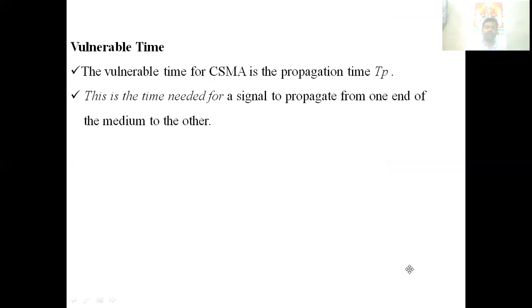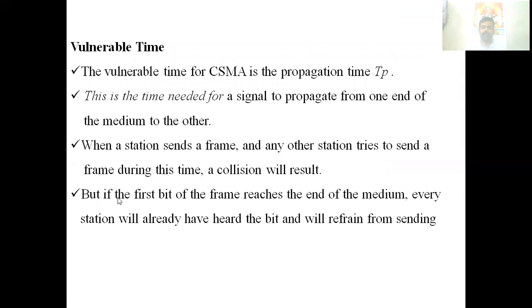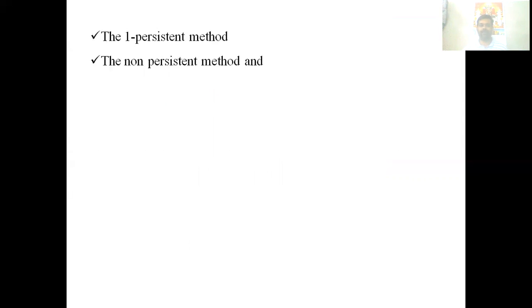This is the time needed for a signal to propagate from one end of the medium to the other. When a station sends a frame, if any other station tries to send during this time, a collision will happen. But if the first bit of the frame reaches the end of the medium, every station will already have heard the bit and will refrain from sending.